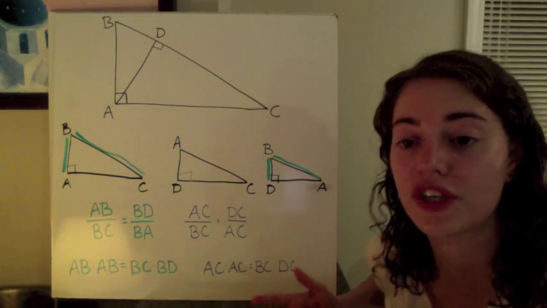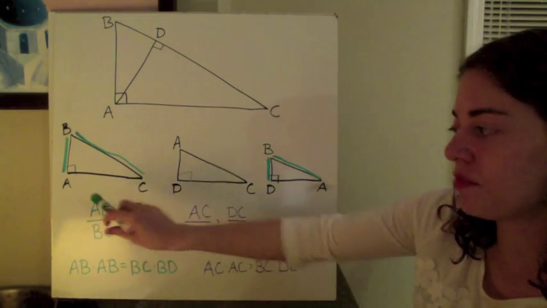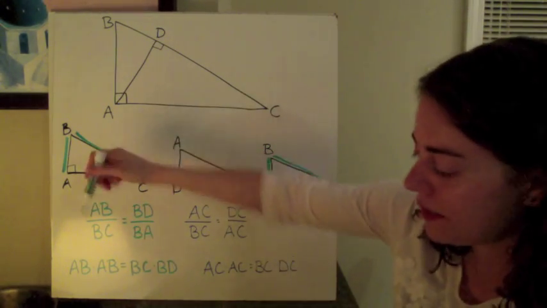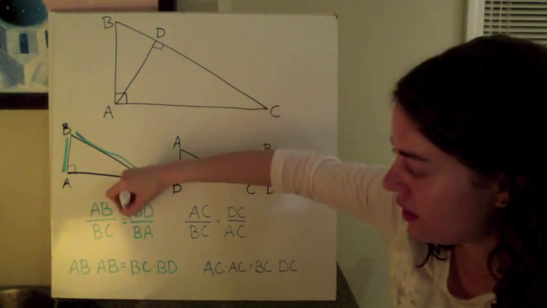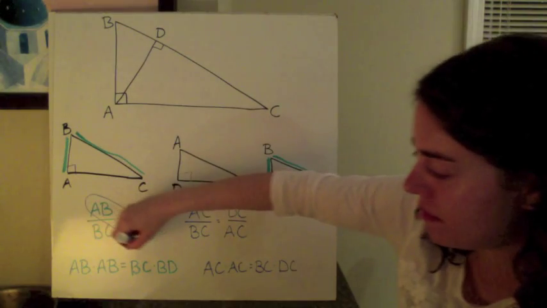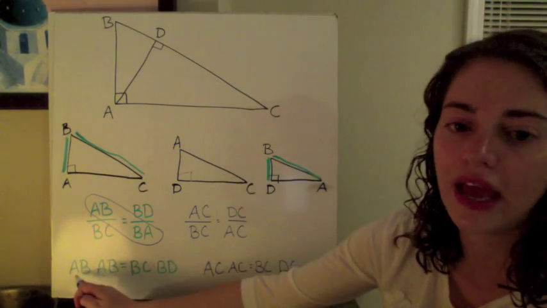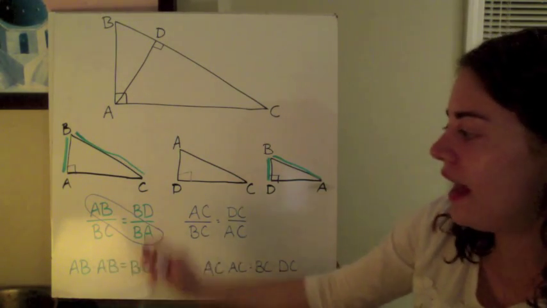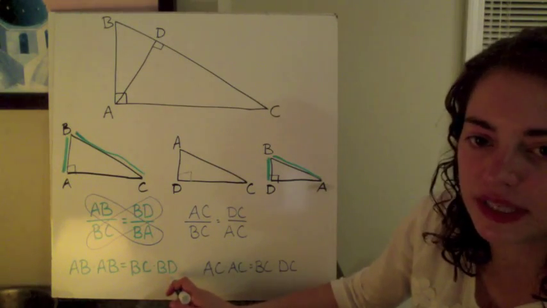We know that those ratios need to be equal. I can then cross multiply. So once I cross multiply, I'm going to get BA times AB, which BA is the same as AB, so I can write AB times AB. And if I cross multiply this way, I'm going to get BC times BD.